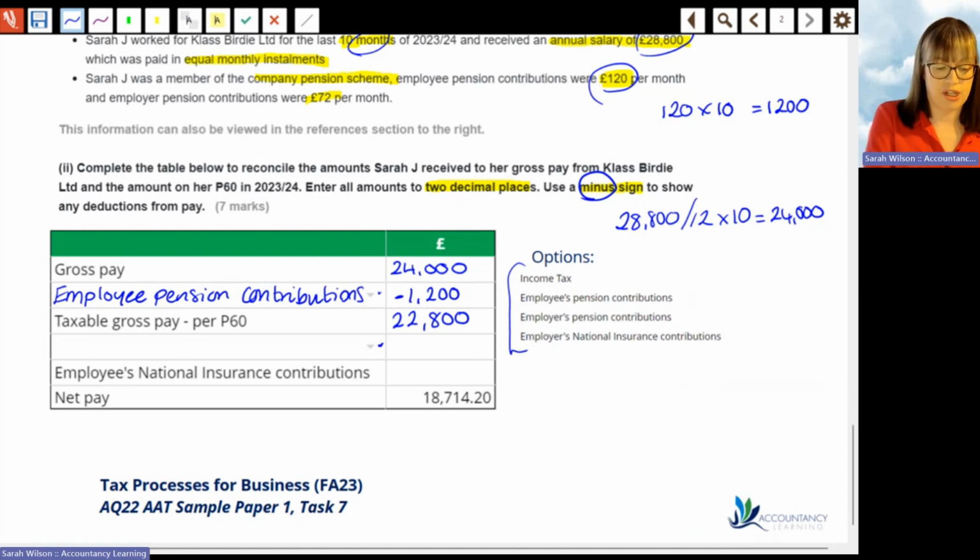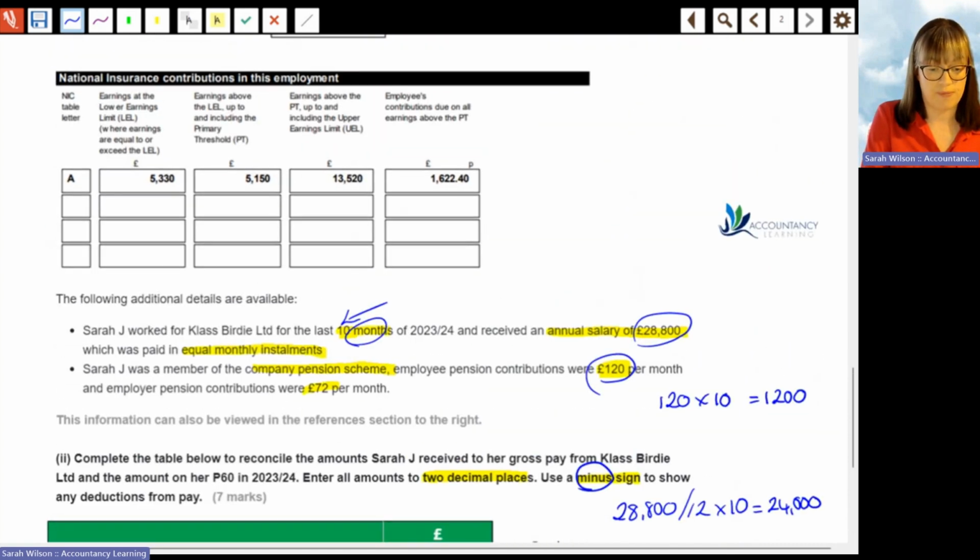The other deduction that needs to be made is going to be income tax. You can see that as one of our options there. So where do we now get this information from? The tax and the national insurance contributions are given to you in the question.